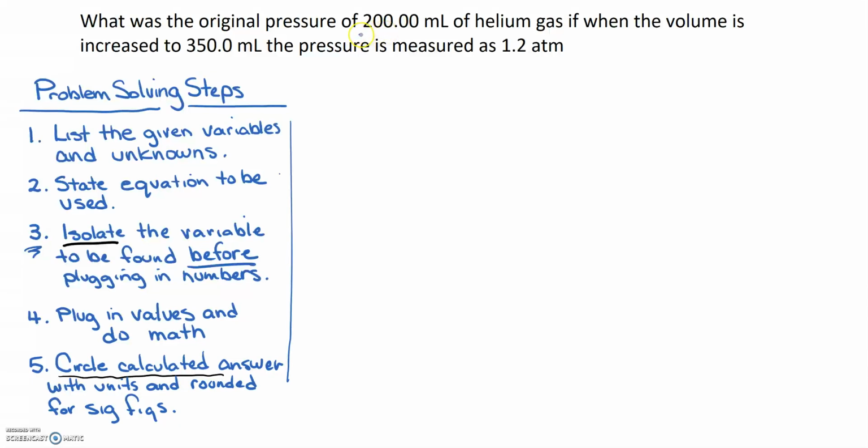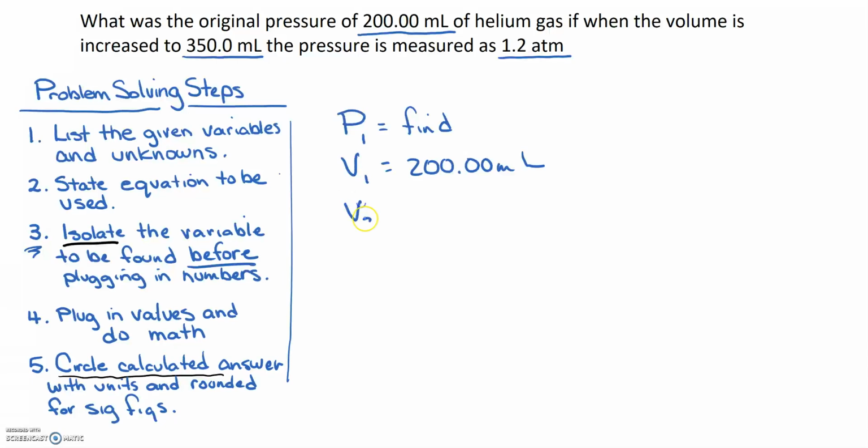You are given a volume in milliliters, another volume in milliliters, and a pressure in atmospheres. Listing my variables. What was the original pressure? That's what I'm being asked to find. Volume number 1 was 200 milliliters. When the volume is increased, volume number 2 was 350 milliliters.